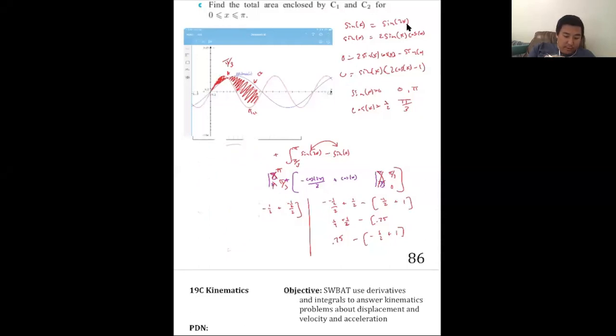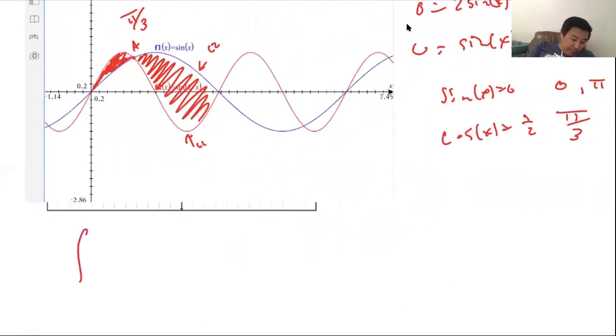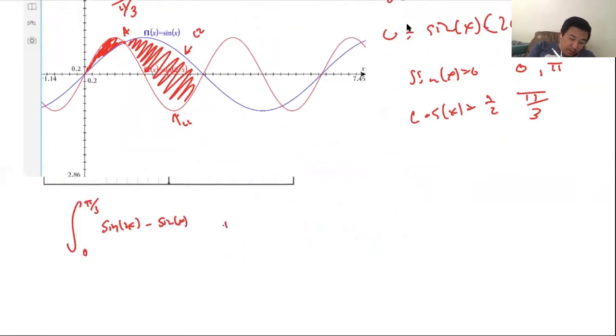Let me start over. Sorry, everyone. Okay, the first integral is from 0 to pi over 3 of sine 2x minus sine x plus integral from pi over 3 to pi of sine of x minus sine 2x.